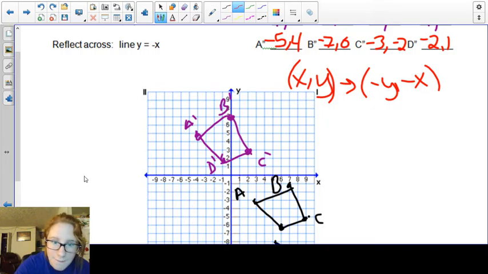So I have -5, 4. I have -7, 0. Let's call it triple prime. -3, -2.